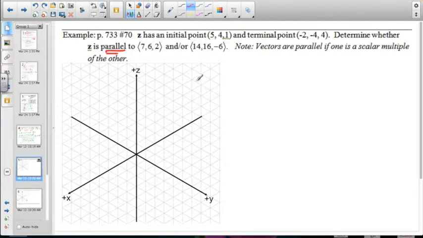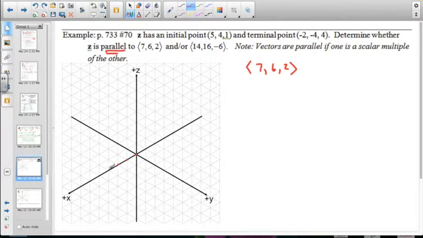And so if we think about then the vector form here, we've got 2 vectors. We've got vector 7, 6, 2. So we're talking about 7 in the x, 6 in the y, 2 in the z. So if we draw that, I'll just draw it starting at the origin.